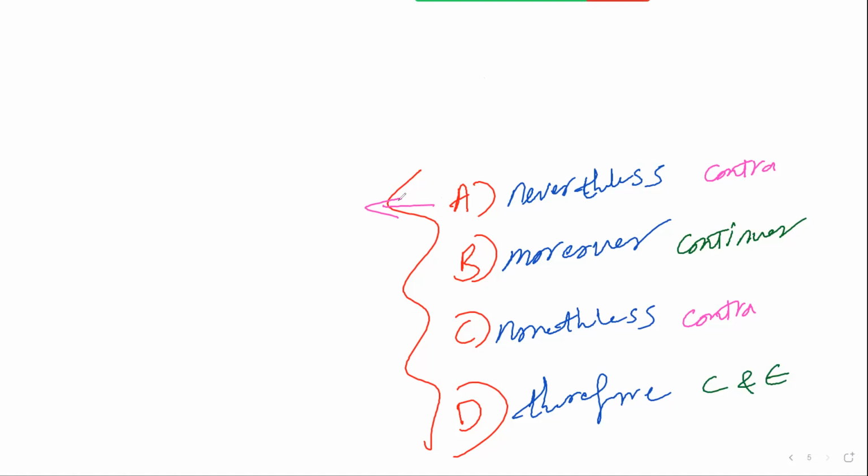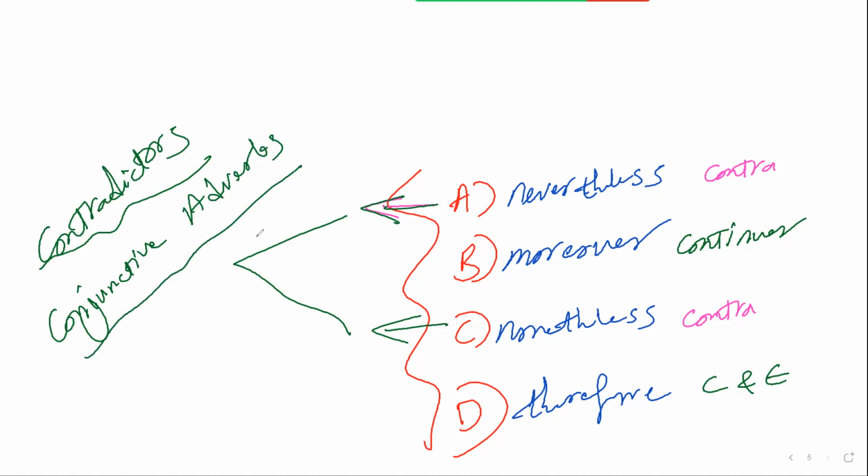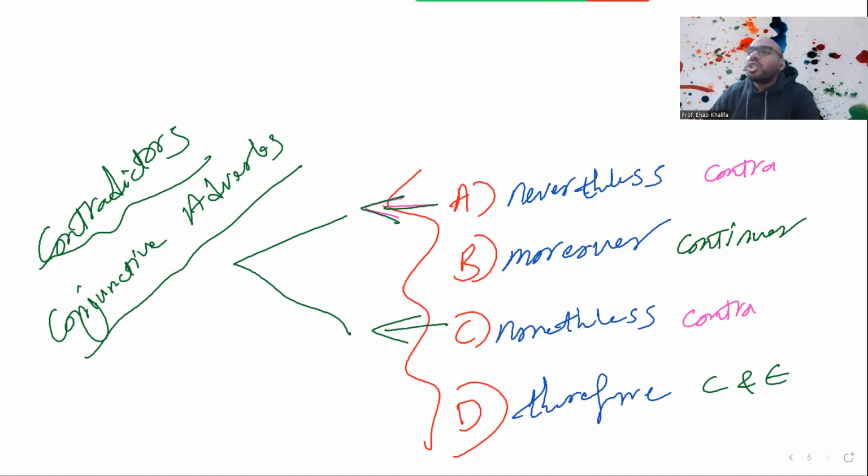Well, I can get rid of A and C because both are contradictors with the same grammatical function. Both are conjunctive adverbs. That means they are almost the same. They are almost synonyms. No distinction at all between A and C. Nevertheless almost equals nonetheless. So both are wrong.